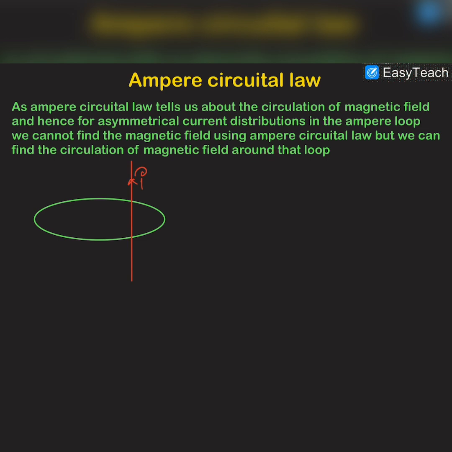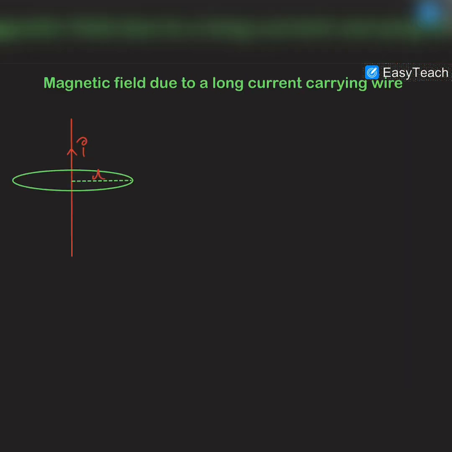So obviously for this loop we can write integration B dot dl is equal to mu naught I, but we cannot find out the magnetic field through this loop using this law. That would not be valid. So this was the complete Ampere circuital law.